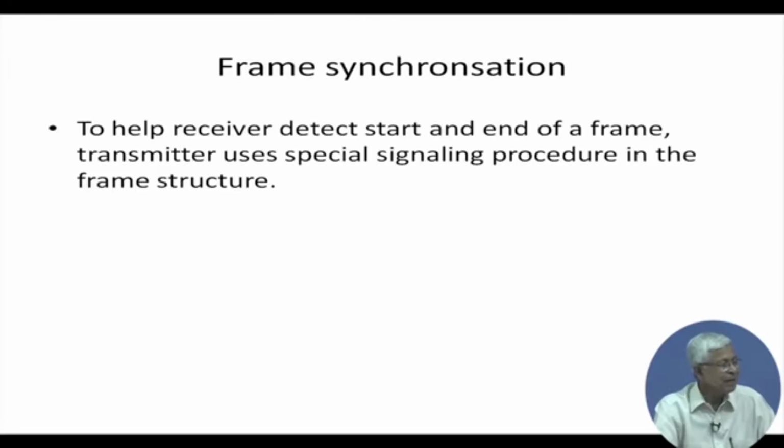So, let us see frame synchronization. By definition, it helps the receiver detect the start and end of a frame. The transmitter uses some special signaling technique, which is nothing but some identification that this is the start of the frame or this is the end of the frame, when the frame size varies. In some cases only the start of the frame is marked and the frame size is known by the receiver.